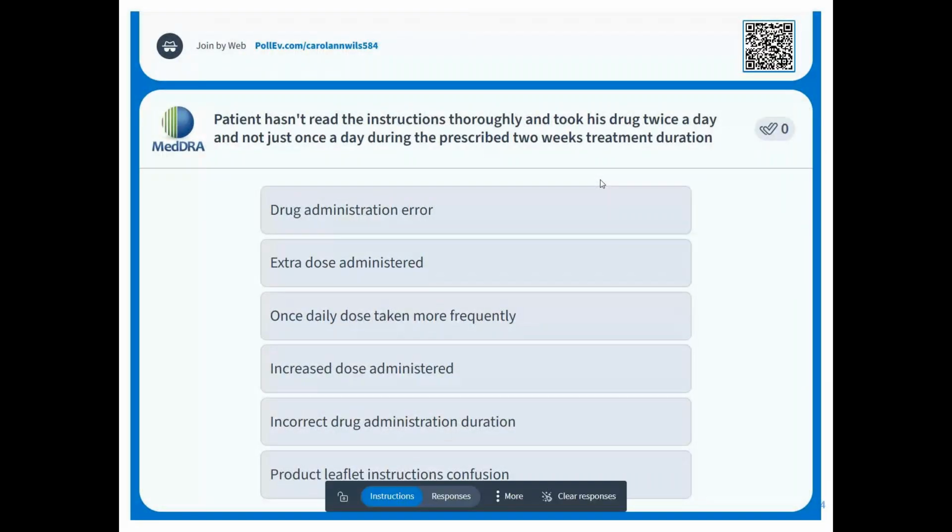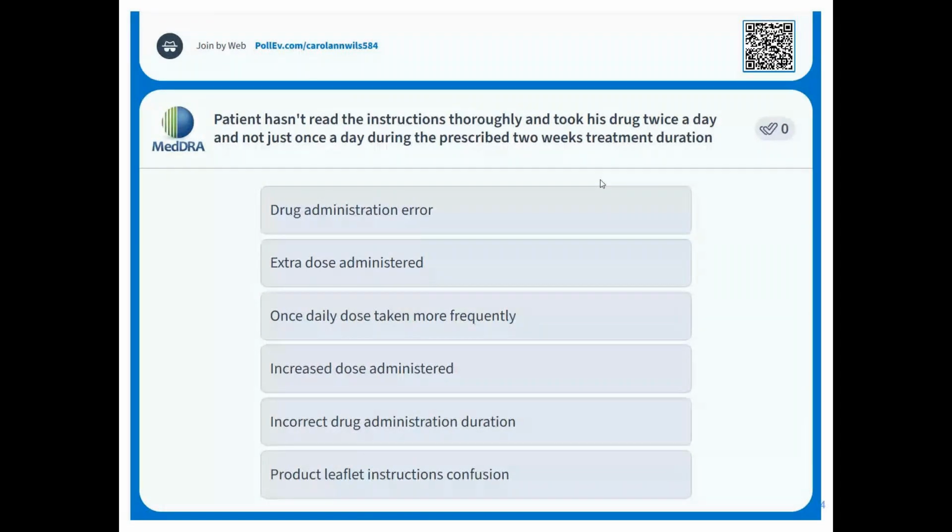So how would you approach this reported incident? Would you select LLT drug administration error, extra dose administered, once daily dose taken more frequently, increased dose administered, incorrect dose drug administration duration, or product leaflet instructions confusion?